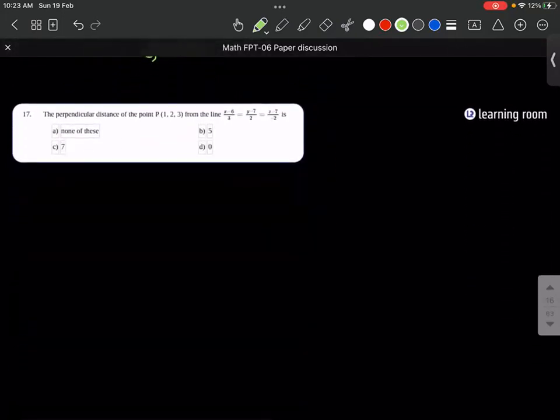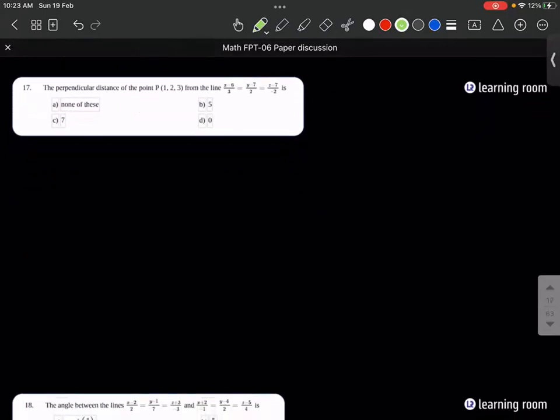The perpendicular distance of the point from the line is. Answer.